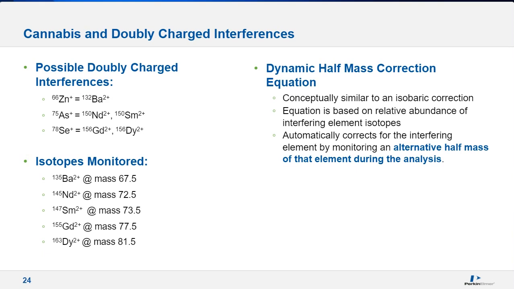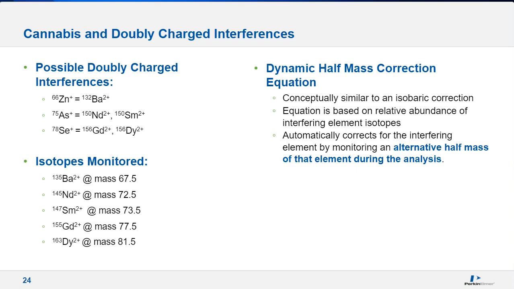In addition, when using collision mode in ICP-MS, the relative contribution of the doubly charged ions will be greater due to its larger mass. By monitoring the isotopes of barium, neodymium, samarium, gadolinium, and dysprosium, the potential interference from doubly charged ions on zinc, arsenic, and selenium can be estimated and corrected for using equation correction technique.